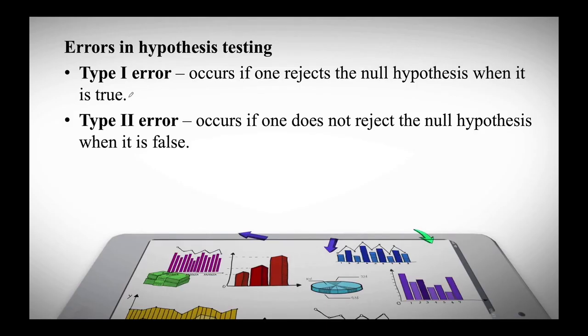And let's have our error. May mga usual na pagkakamali tayo na nagaganap or na-encounter rather in solving a hypothesis testing type of problem. So, una dyan is we have the type 1 error. When we say type 1 error, this actually occurs if one rejects the null hypothesis when it is true. Tama yung null. Pero sa conclusion mo, sabi mo, reject.